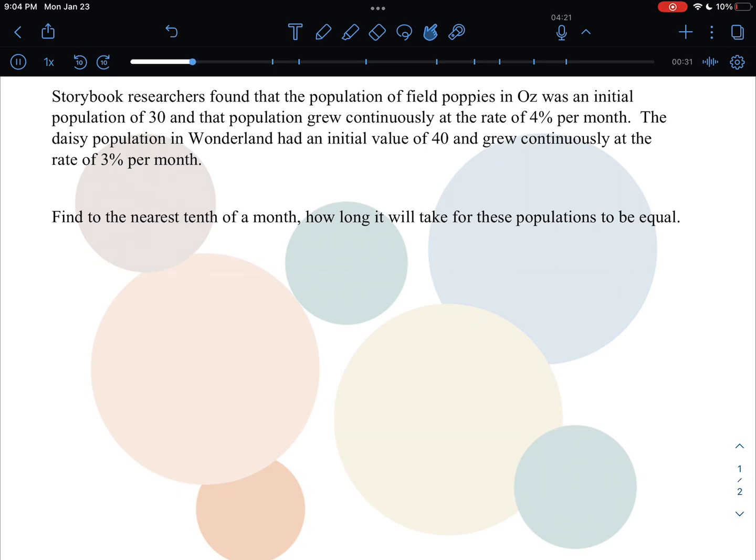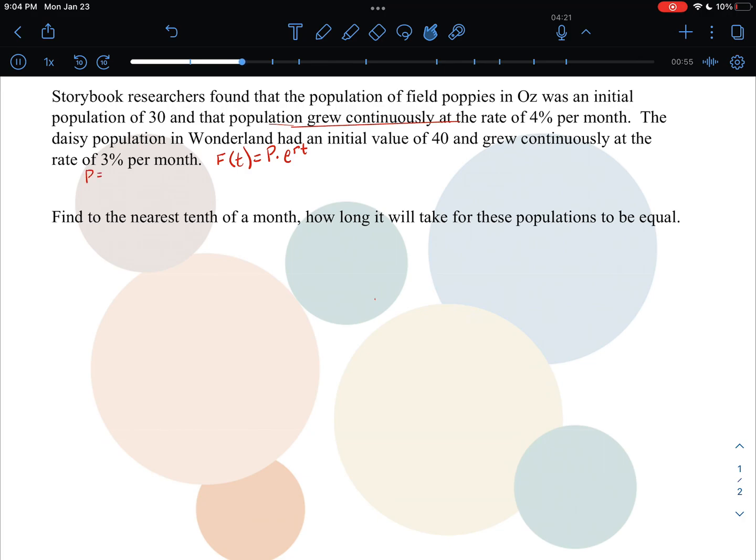The first thing I'd like to do is make my equations for each population. For the field poppies, I'm going to say f of t equals, and I'm going to be using my PERT formula because I see grew continuously. So I'm going to do P times e to the rt.